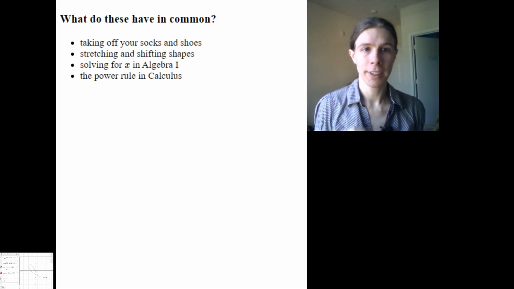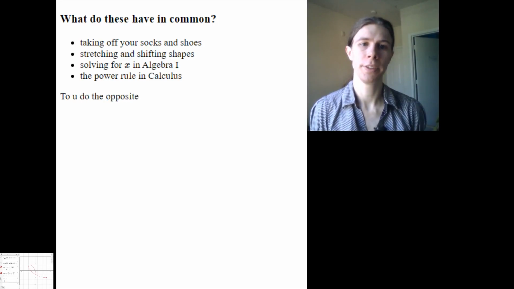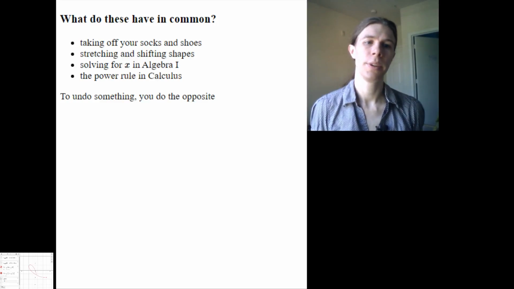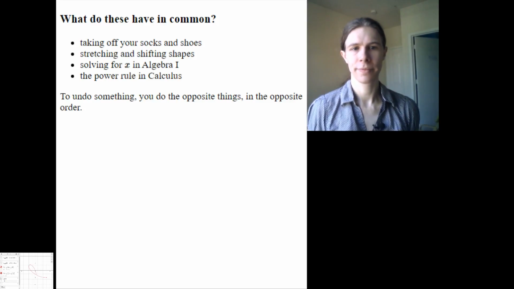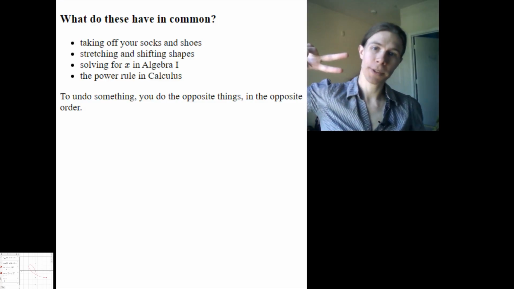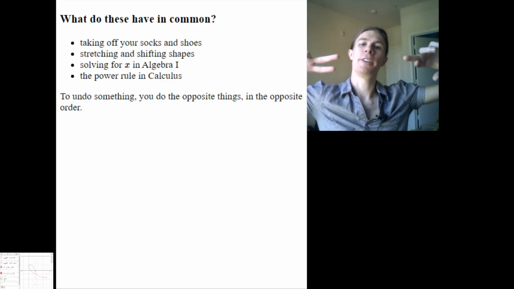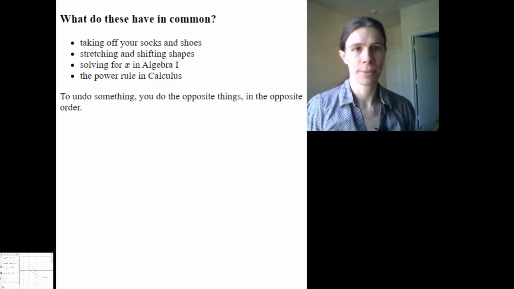But this is really, really important: in all of these cases, you do the opposite things to undo them. To undo something, you do the opposite things in the opposite order. Every time. If I put on my socks, then my shoes, then I have to take off my shoes, then my socks. Undo them in the opposite order.